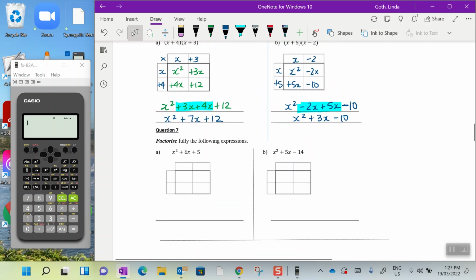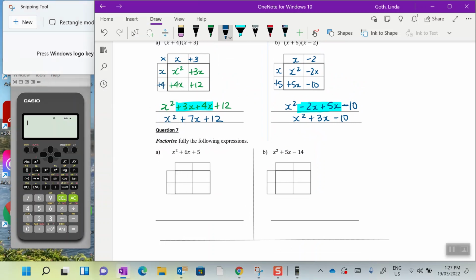Finally, we need to be able to work backwards from there, and this is the hardest thing to do. So let's see how we go. We know that there must have been an x squared in here and a plus 5 in here, so there must have been an x here and an x here. Now we're looking for two numbers to go here and here. Now they need to multiply to give 5, but they also need to add together to give 6. But it's pretty straightforward because we've got all pluses, and the only two numbers that multiply to give positive 5 that are positive are 1 and 5.